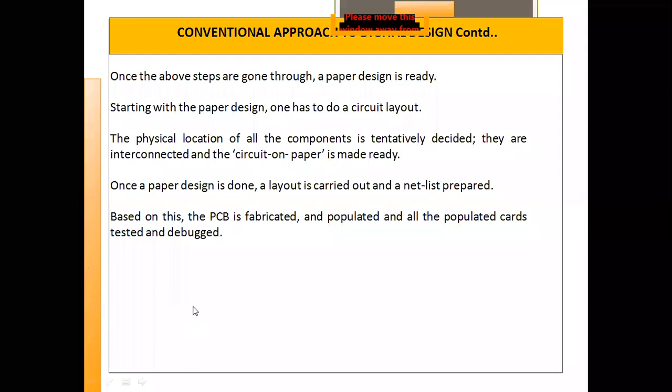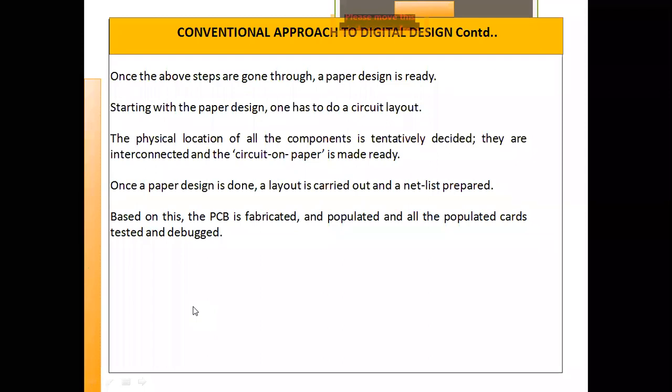This is also called circuit on paper. The physical location of the components is tentatively decided and they are interconnected, and this is also called circuit on paper. Once the paper design is done, the layout is carried out and the netlist will be prepared.